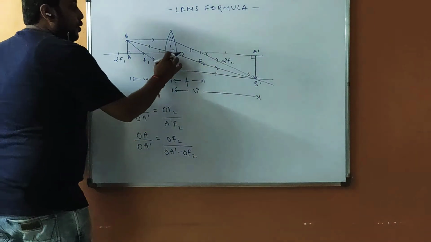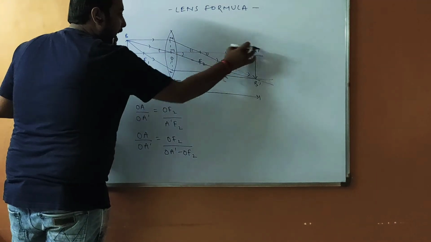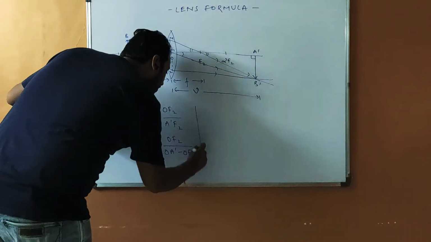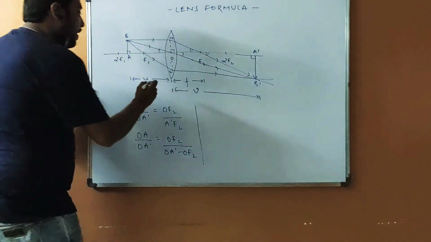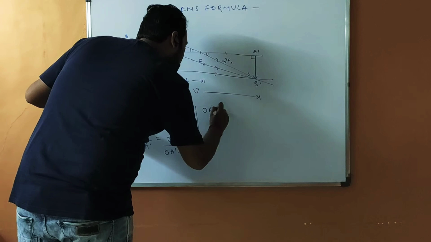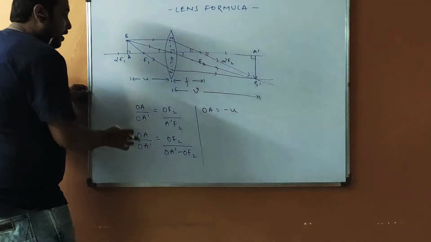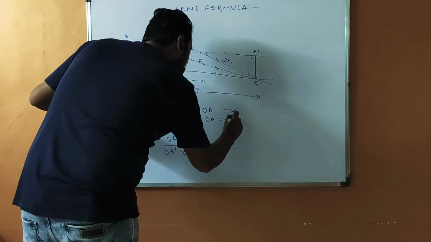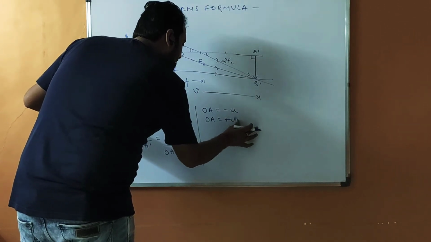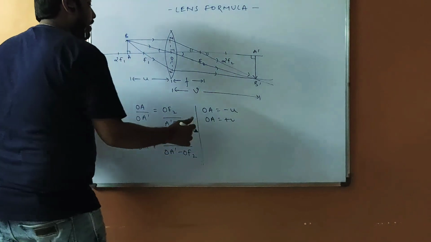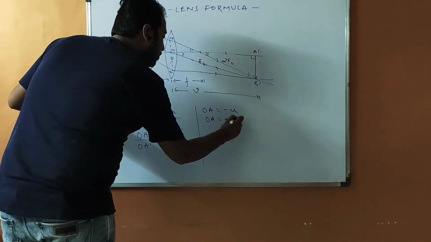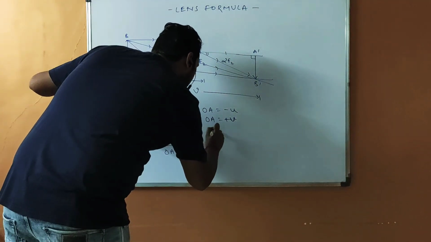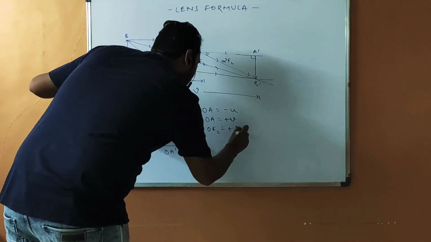Now by sign convention, OA is minus u, OA dash is plus v, and OF2 is plus f, the focal length.